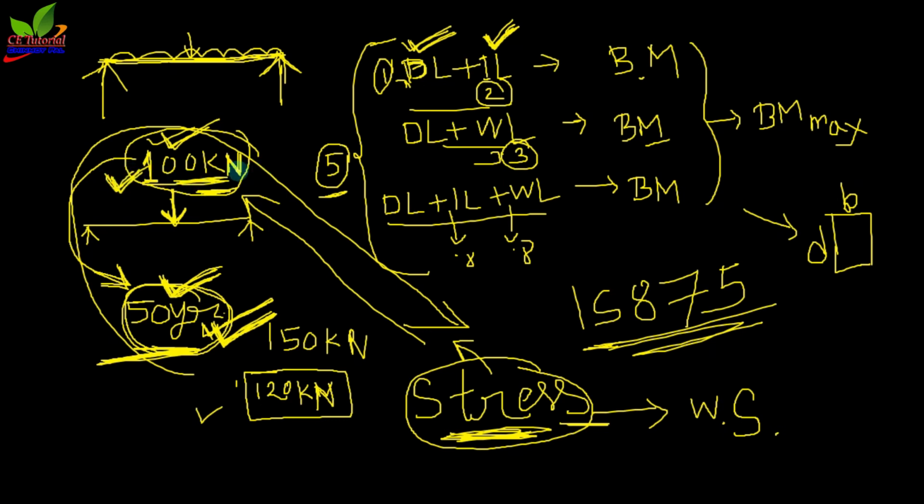Please keep in mind, the actual working load which will come between this 0 to 50 years. Due to this working load, stress will develop. So that's why we call this a working stress method.